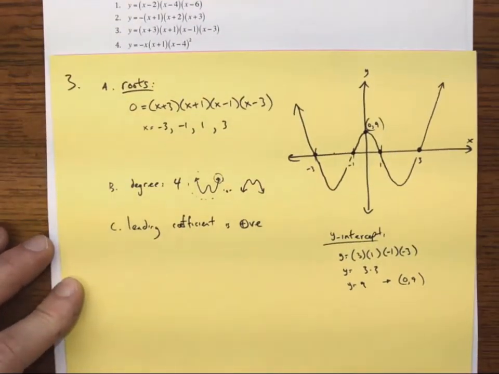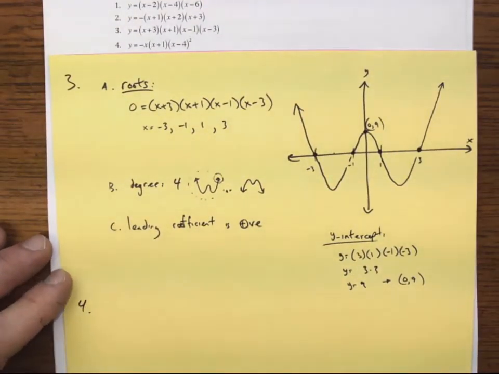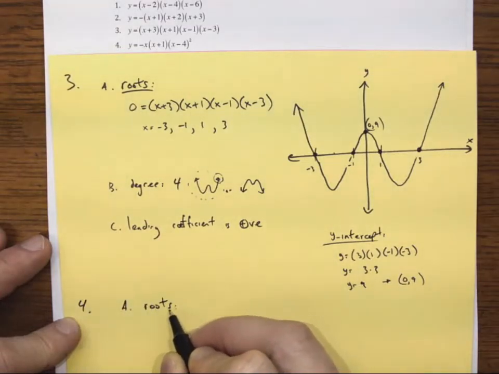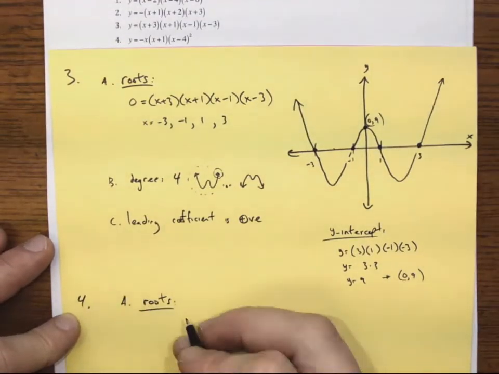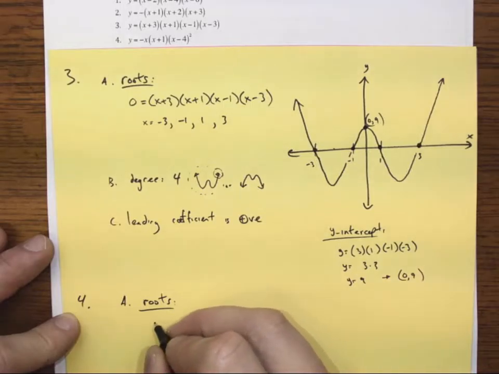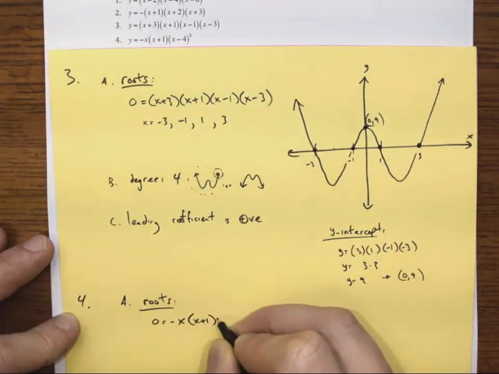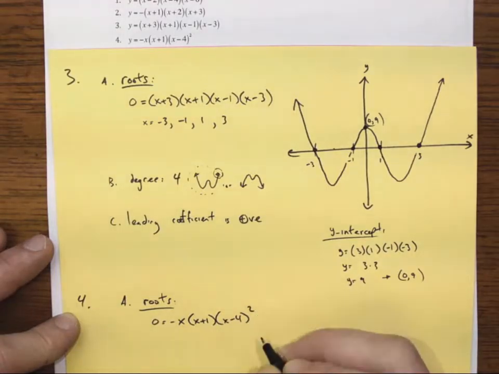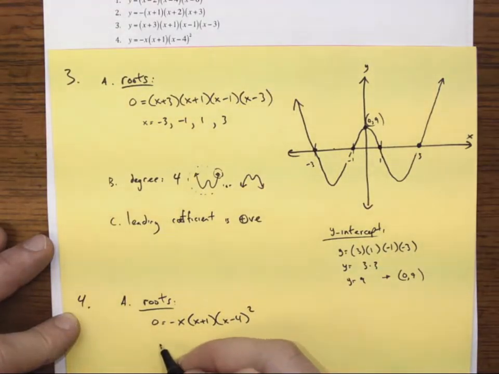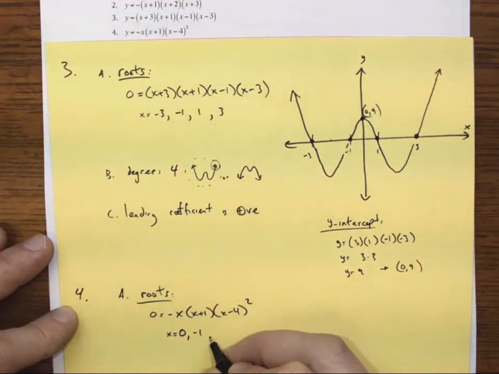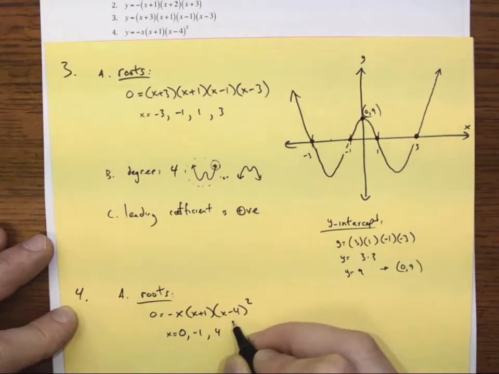We're going to get a little more interesting now with question 4. This one says, okay, we'll start with our roots. And we have 0 is equal to negative x times x plus 1 times x minus 4 all squared, which tells me that I have roots of x is equal to 0, negative 1, and 4.